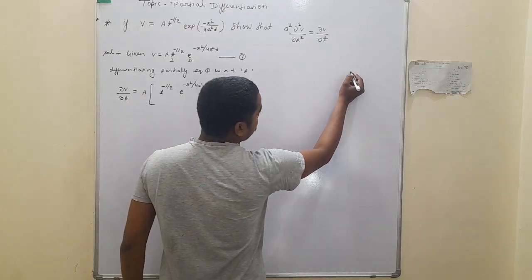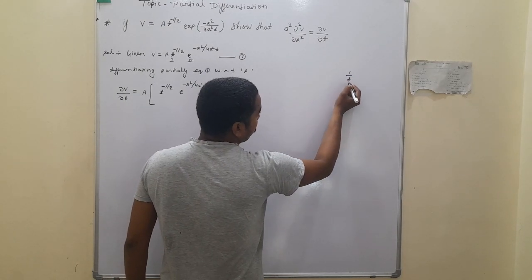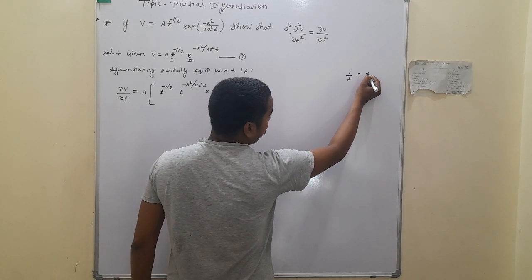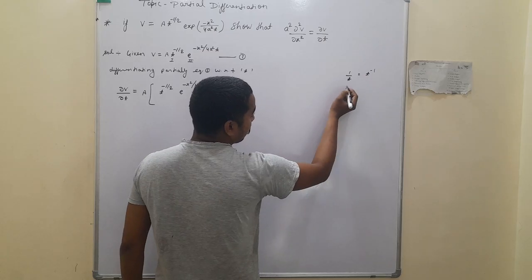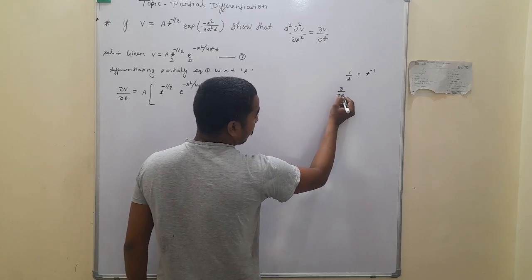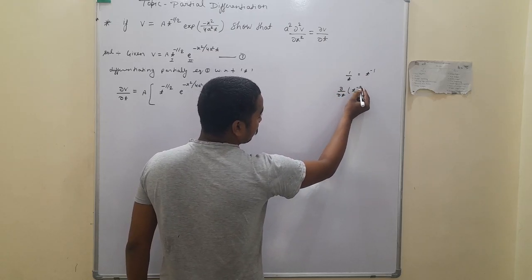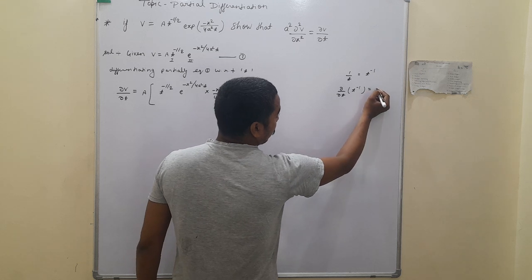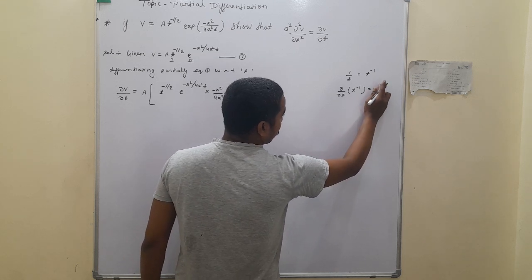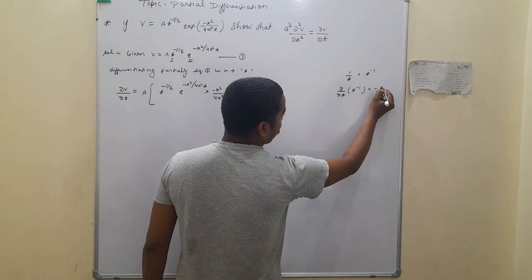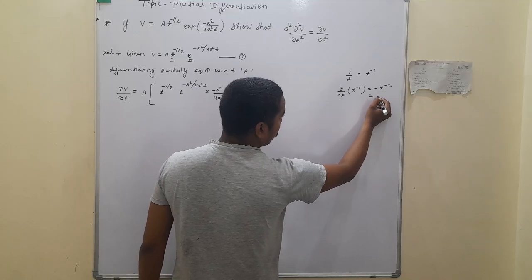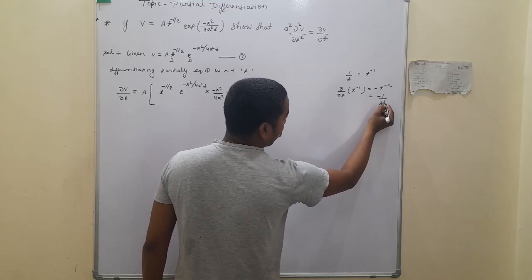This is 1 by t, we take this as t to the power of minus 1, and when differentiating t to the power of minus 1, this gives minus 1 into t to the power of minus 2, and this gives minus 1 upon t to the power of 2.